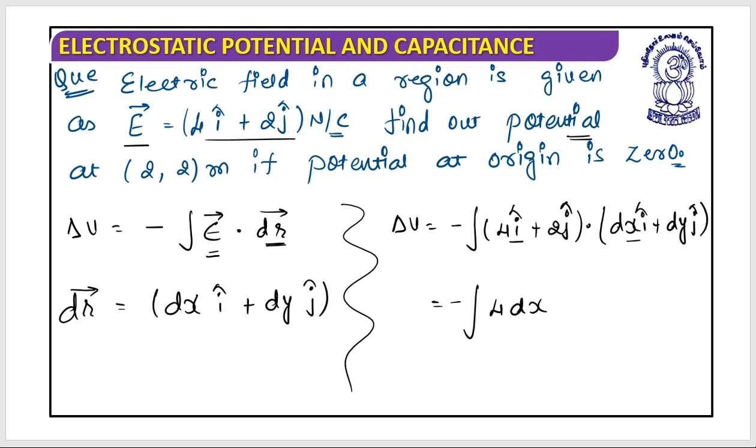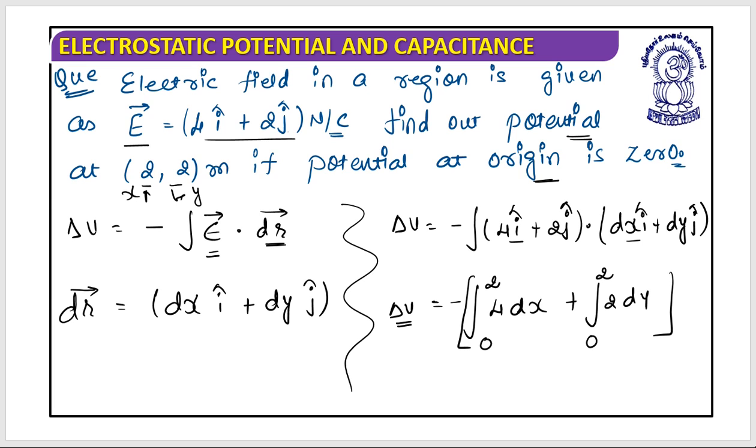This is 4 dx plus 2 dy. Now, what is my next? We need to find out potential at 2 meter. This is for x and this is for y that we know. If potential at origin is 0, so we need to integrate this from 0 to 2. And as we perform this, that would be the final answer. Yes, you understand what I mean?